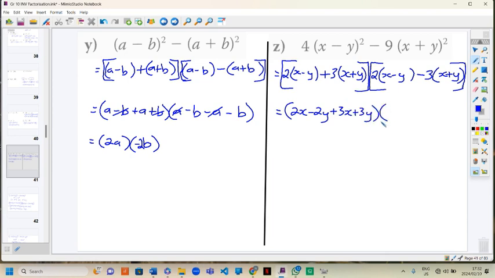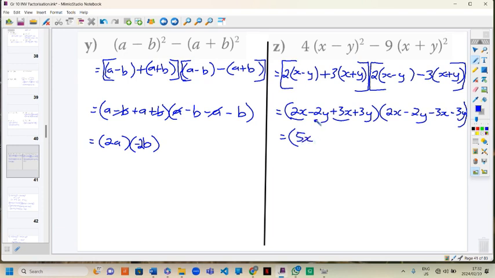close bracket, open bracket, 2 times x, 2x, 2 times negative y, negative 2y, negative 3 times x, negative 3x, negative 3 times y, negative 3y, close bracket. Okay, any like terms here? Of course there are. Alright, so we've got 2x plus 3x gives me 5x.